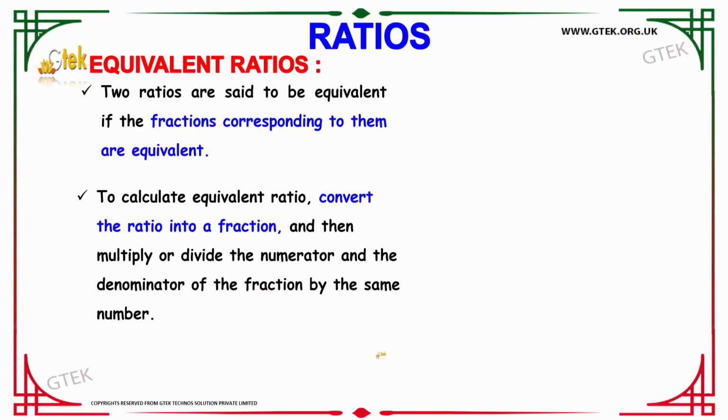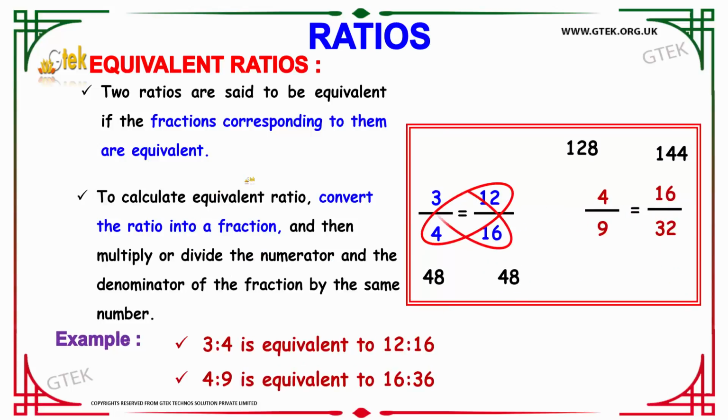Now let's talk about the equivalent ratios. The term equivalent ratio emphasizes the equivalency of value in ratio. Two ratios are said to be equivalent if the fractions corresponding to them are equal or equivalent.